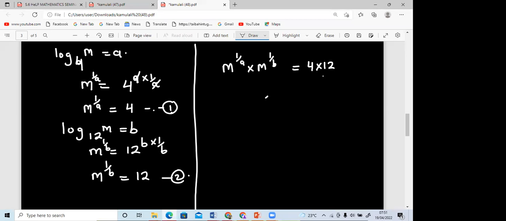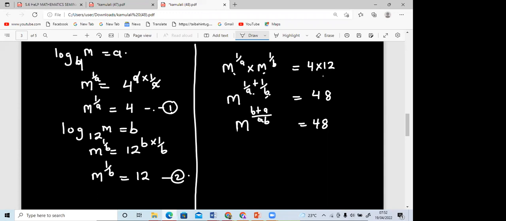These numbers have the same base, meaning I can add the powers. So I have 1 out of a plus 1 out of b, and 4 times 12 is equal to 48. Here my common denominator is ab. So I'll have m^((b+a)/ab) equaling 48.